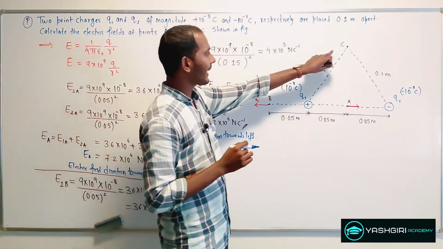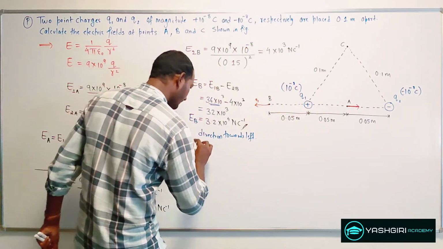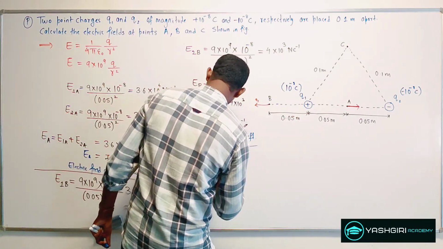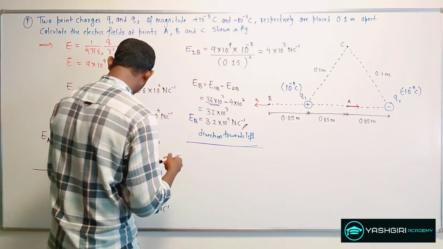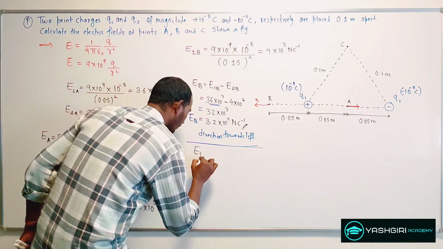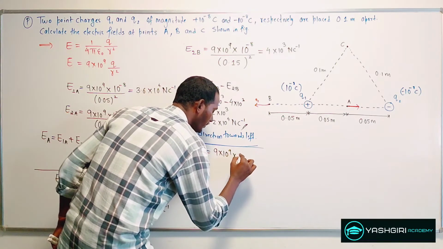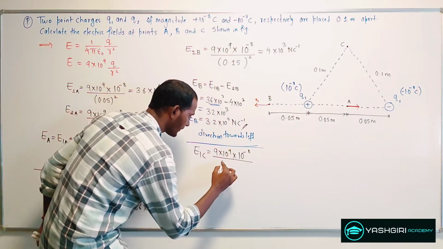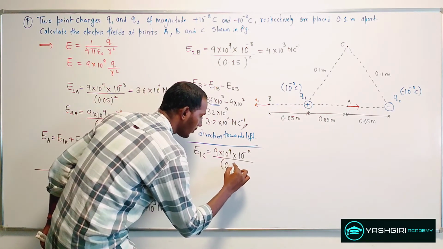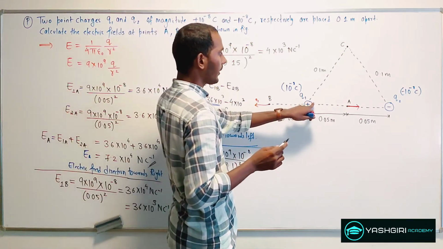In the same way, we can calculate for C also. For C, the electric field due to Q1 is nothing but 9 into 10 to the power 9 into 10 to the power minus 8 Coulomb, divided by the distance where we are going to calculate, which is 0.1 meters squared.